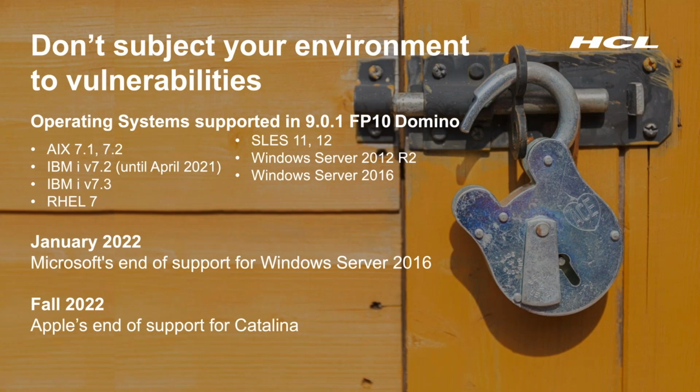Also, from an Apple perspective, if you're running version 9 on the Mac, we expect that Apple will end support for Catalina sometime in early 2022, in fall of 2022 as well. So that means you may not have a supported platform to run if you're running on Mac in version 9 once Catalina is pulled from market.